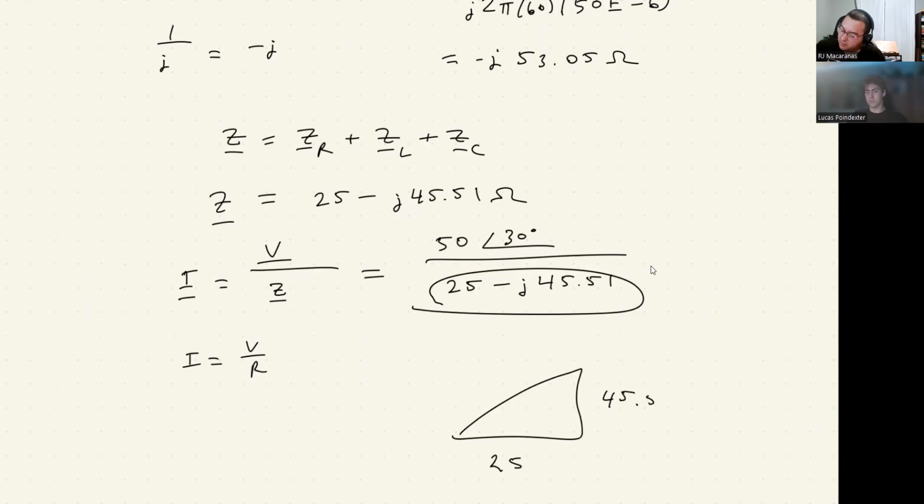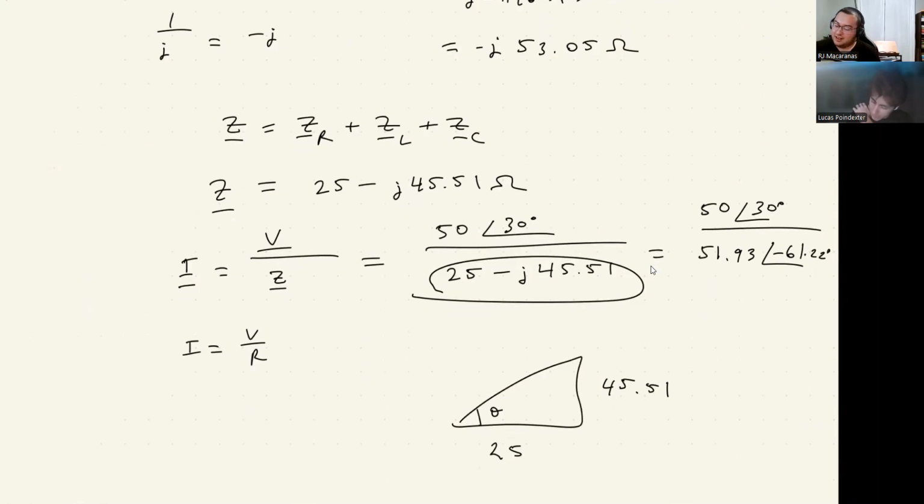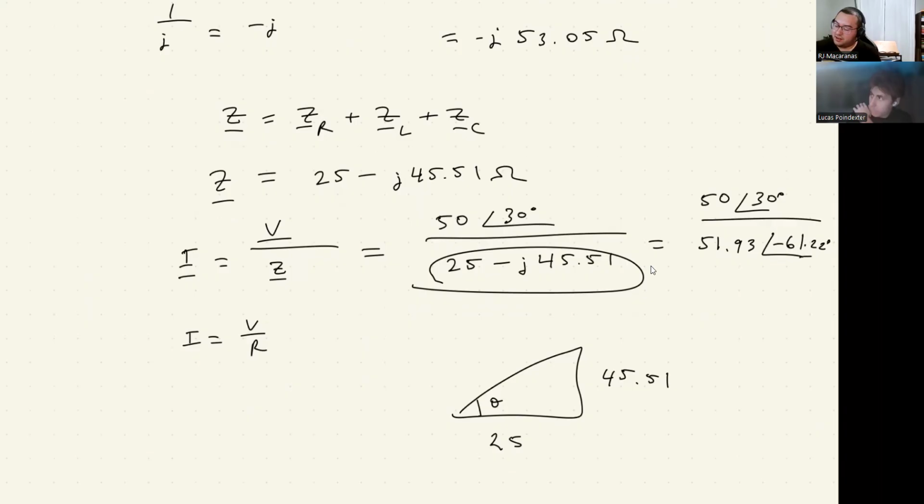You get your angle from there, and they've calculated that out. So we're looking at 50 at an angle of 30 degrees up here, and then 51.93 at an angle of minus 61.22 degrees. And you could actually plug this into most scientific calculators and get a result there.